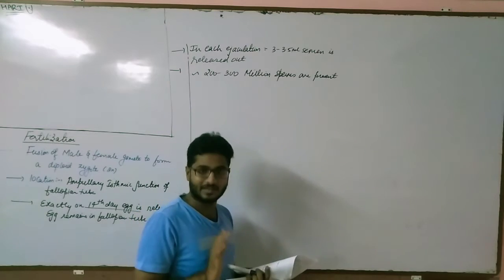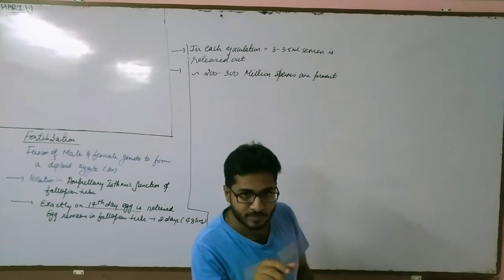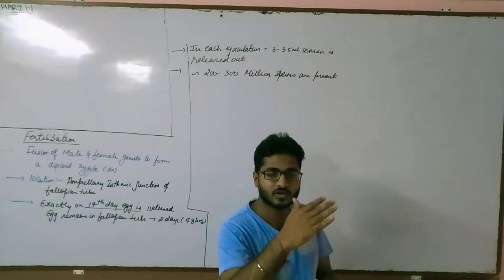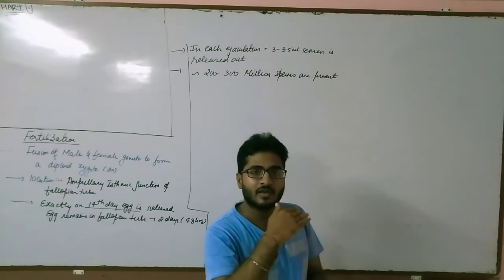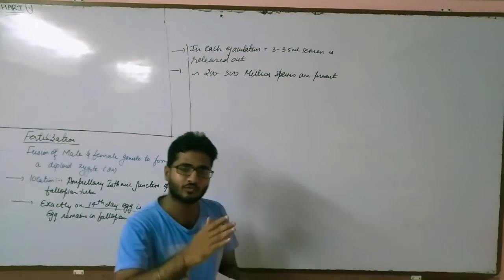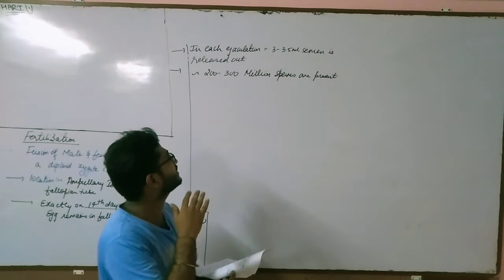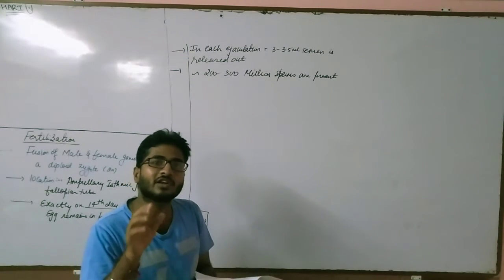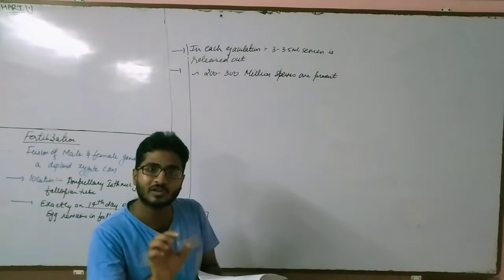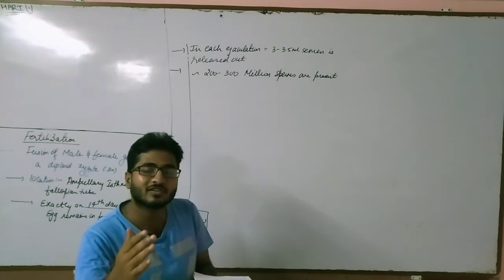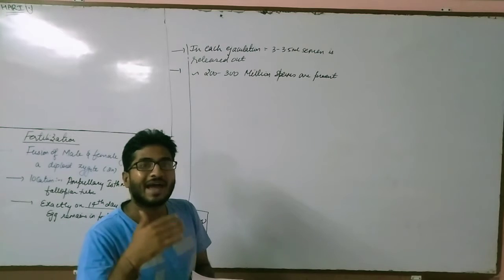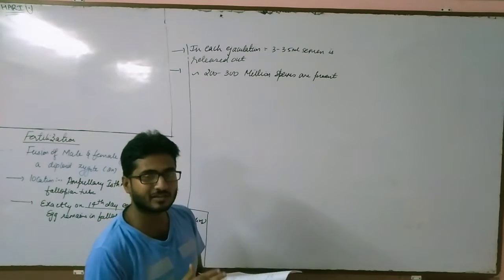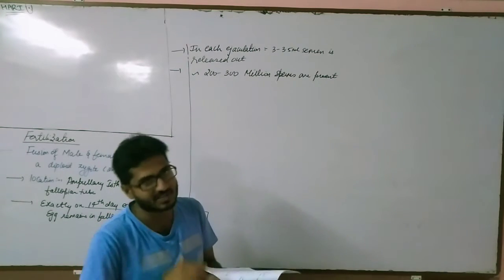When the sperm starts its movement, there are certain structures and chemicals that help the sperm reach the ampullary isthmic junction. But there are also certain structures which act as a barrier. So let us see the structures which help the sperm and which act as a barrier.